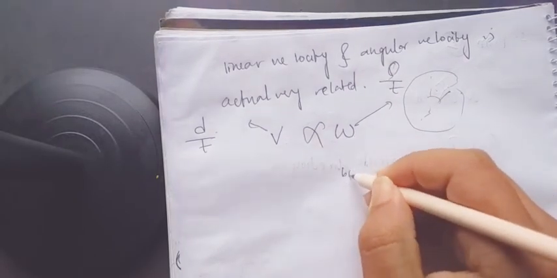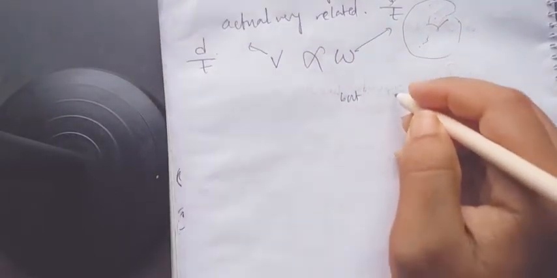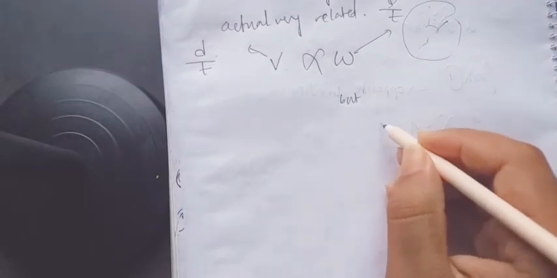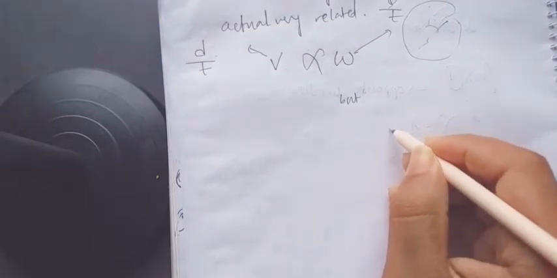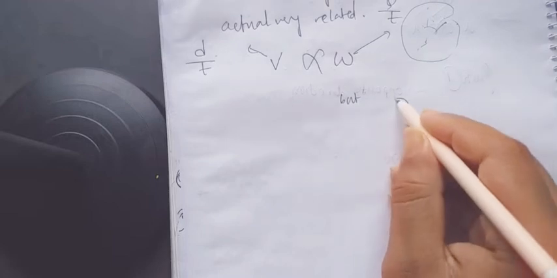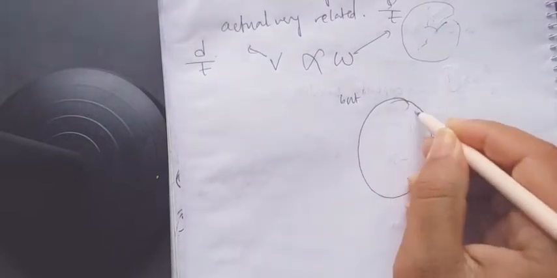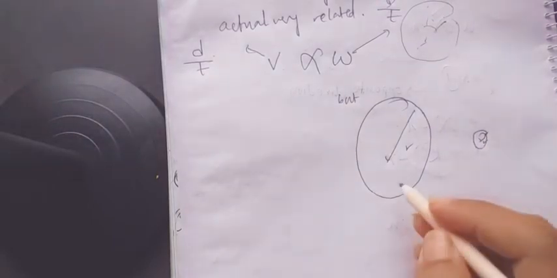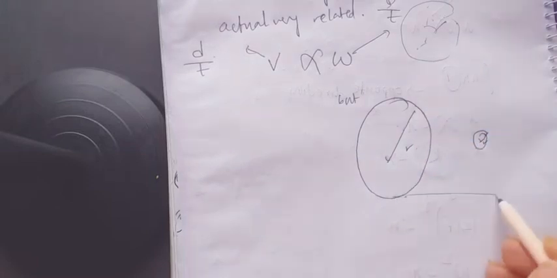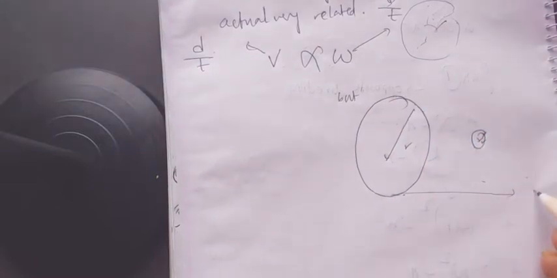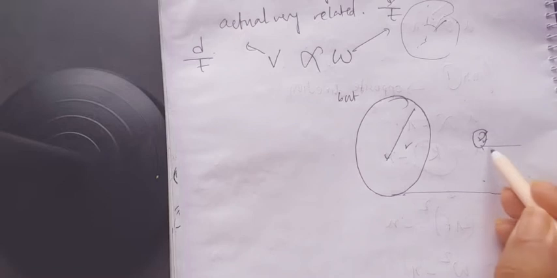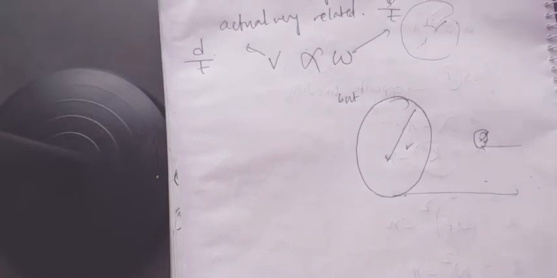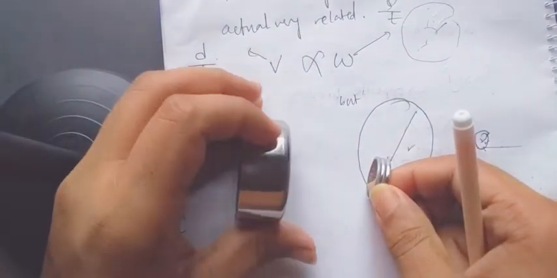But here's the point. You provide the same force or the same torque to rotate this and this. Because of the radius, it will go a further distance. For example, let's take this and let's take this.